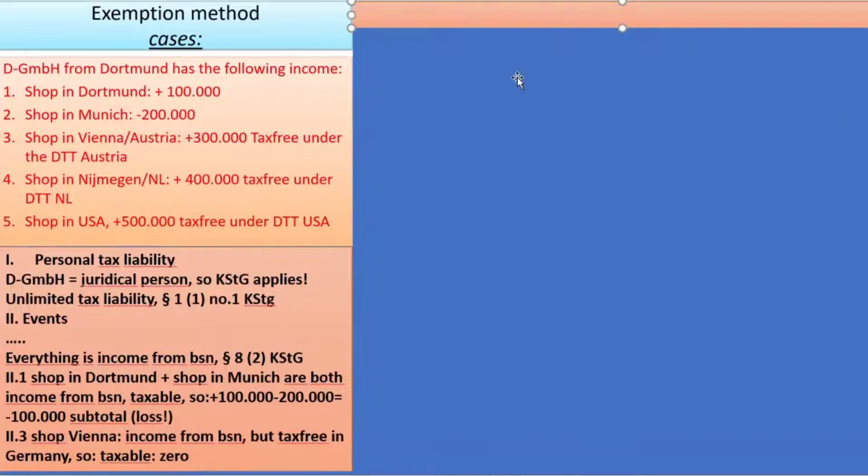The same applies to 2.4. The shop in Nijmegen, Netherlands, is income from business but tax-free, so we have plus 400,000.